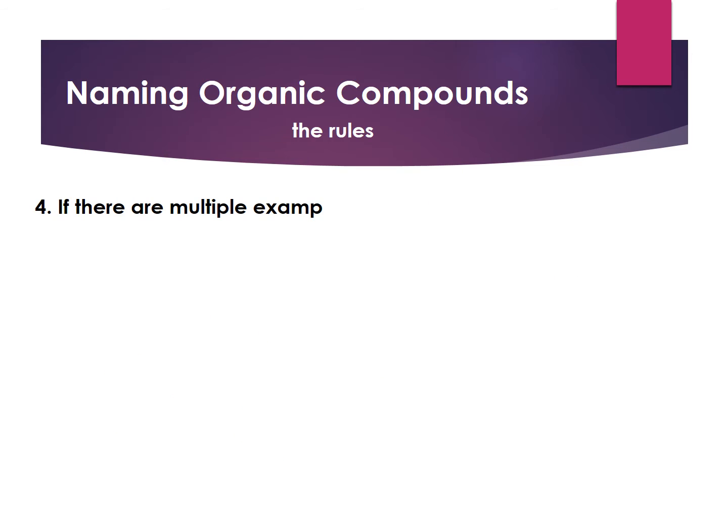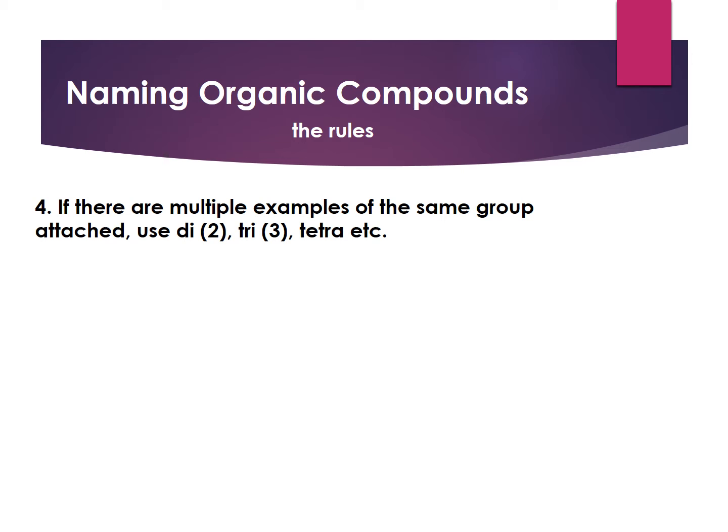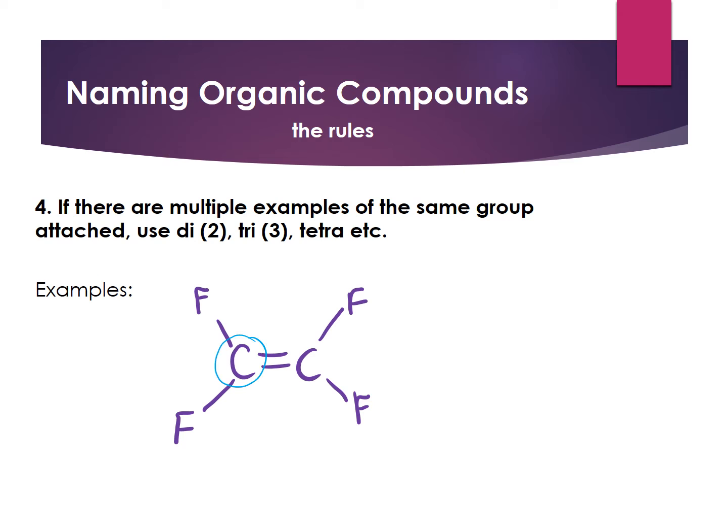The fourth rule: if there are multiple examples of the same group attached, we use di, tri, tetra, etc. to show this. So for this example here, we've got 2 carbons in the longest chain, so that's based on eth. Notice that we've got a carbon-carbon double bond there, so that would end up with an ene group, ethene.